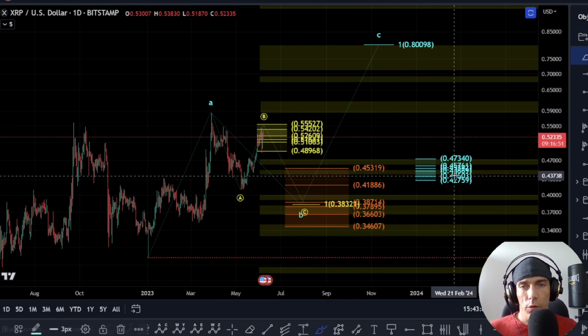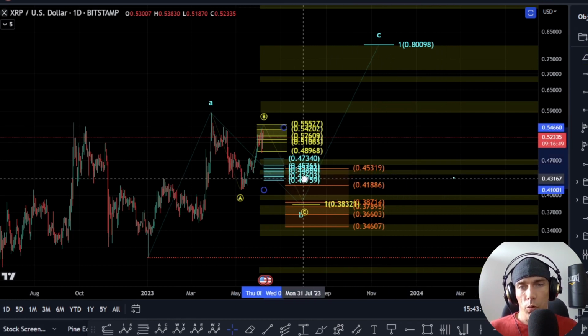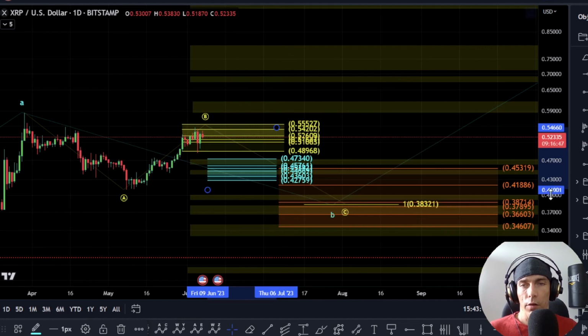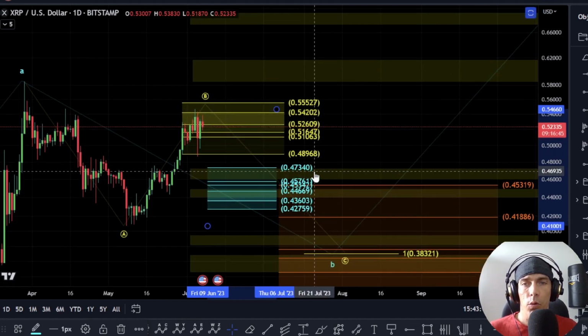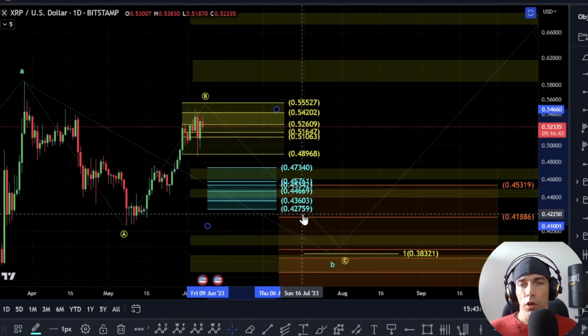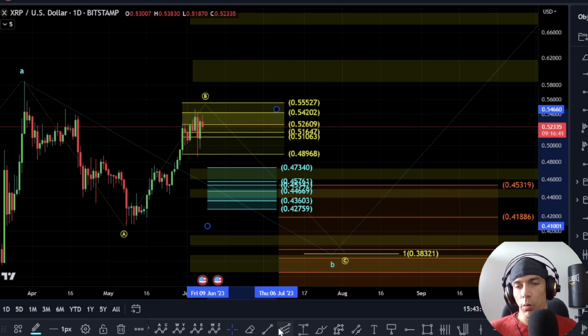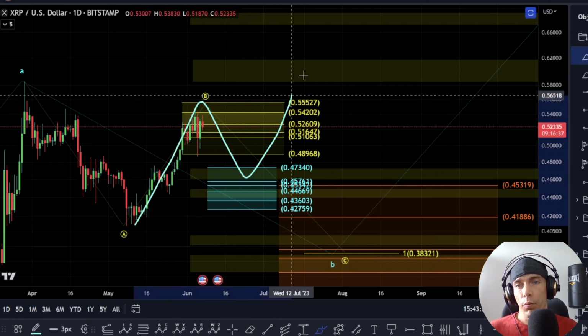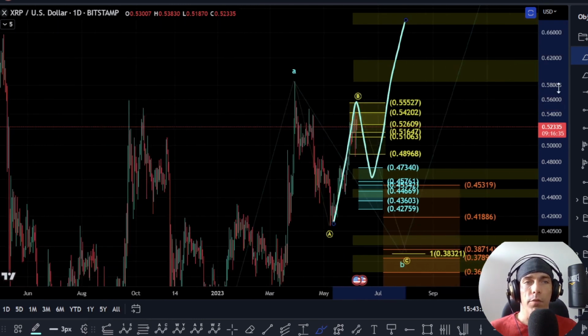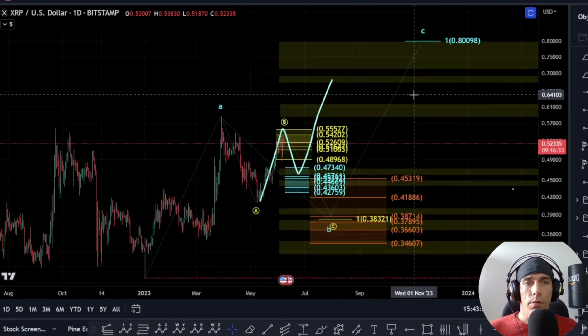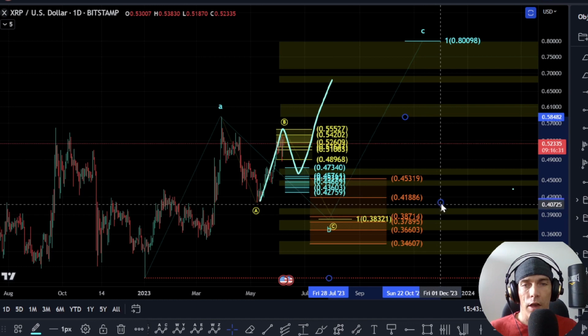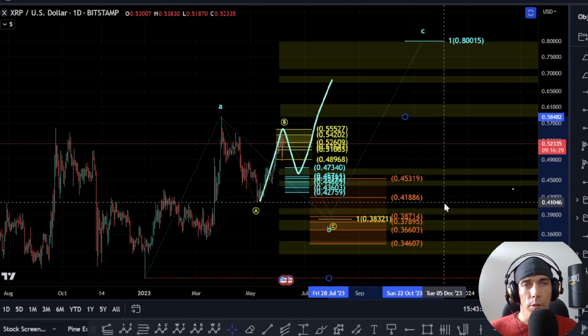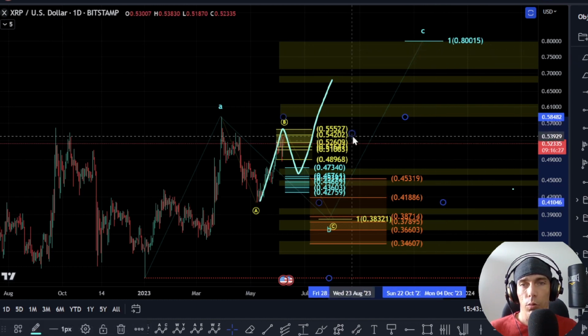Now if that's the case, what we'd actually be looking for is support to hold at this blue box area. So this blue box area would be this 47.34 to this 42.75. Now what we'd be looking for here would effectively be price to come back down into this level, find support and get an additional push to the upside. The target area for that, if that is the case and we actually have a low in place here, we'd still be looking around this 80 cents towards this 1-to-1.